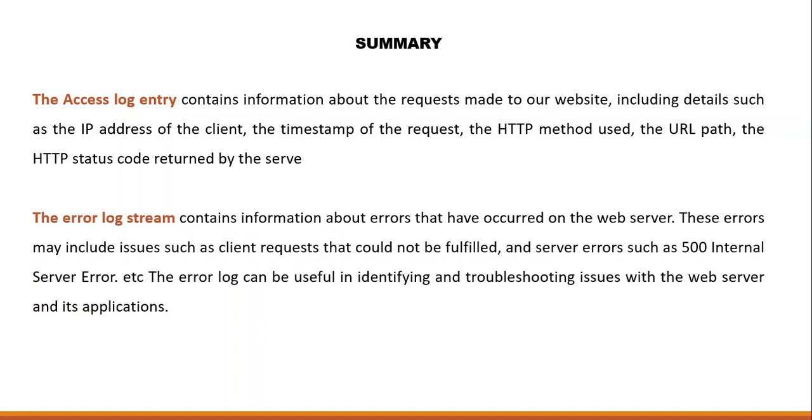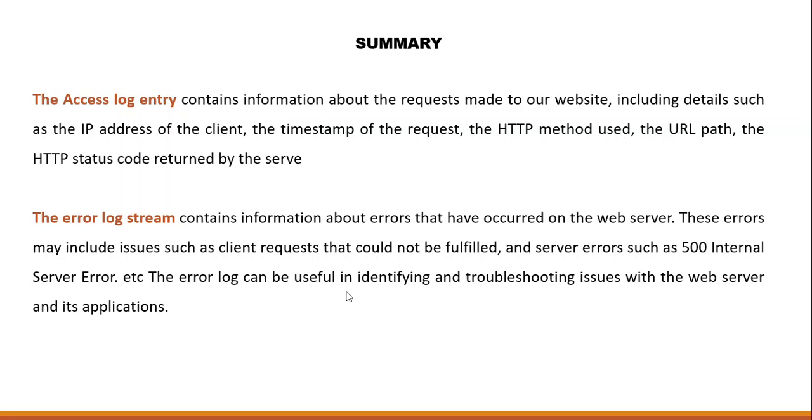These errors may include issues such as client requests that could not be fulfilled, server errors such as the 500 internal server error, etc. The error log can be useful in identifying and troubleshooting issues with the web server and its application.